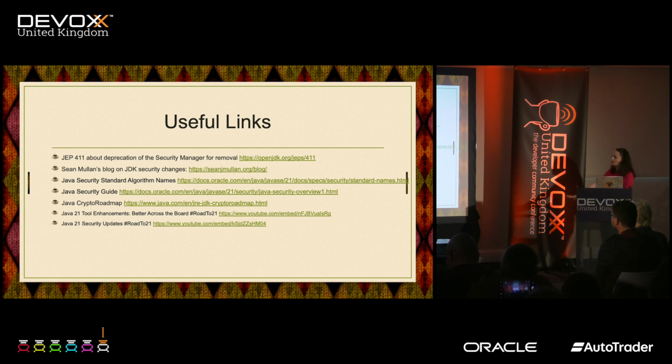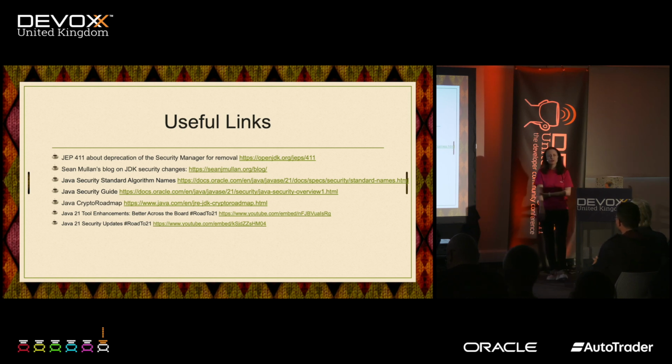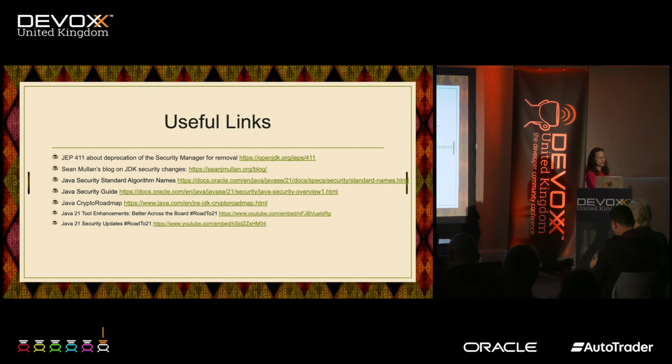And of course, the links to the crypto roadmap, the security standard algorithm names, and a very useful blog that Sean Mullan keeps up about JDK security changes. For this presentation, I'm also very grateful to my colleagues Sean Mullan and Weijun Wang, who reviewed it and gave me feedback. They're very helpful all the time in responding about security changes within the JDK.